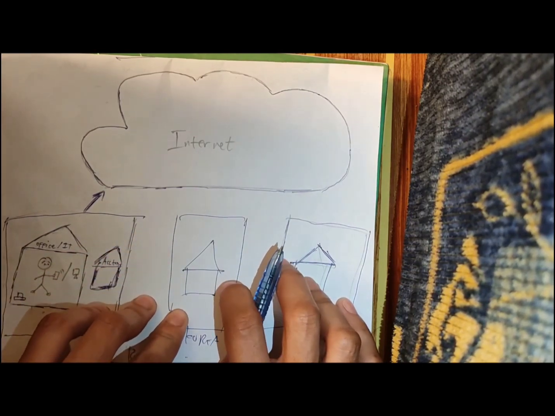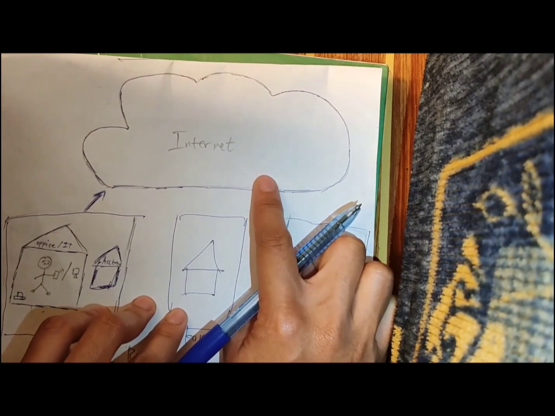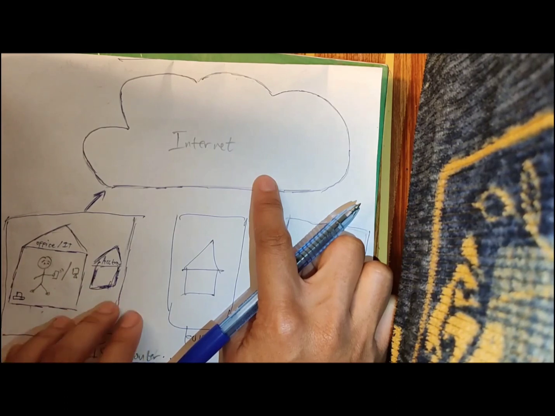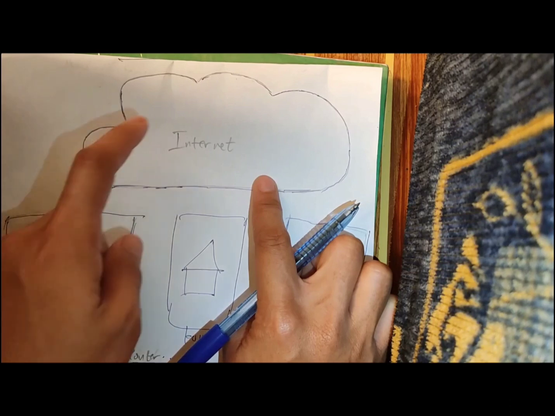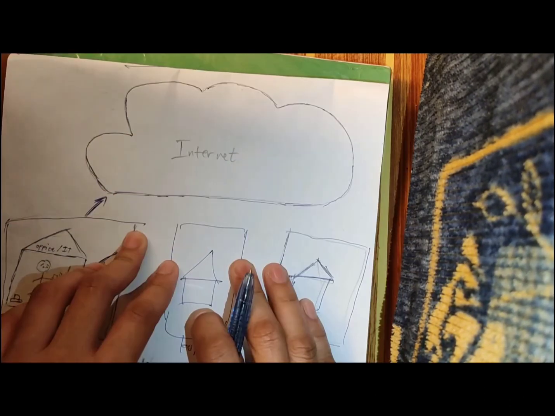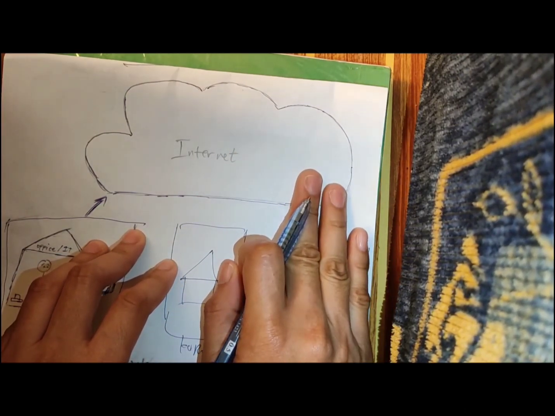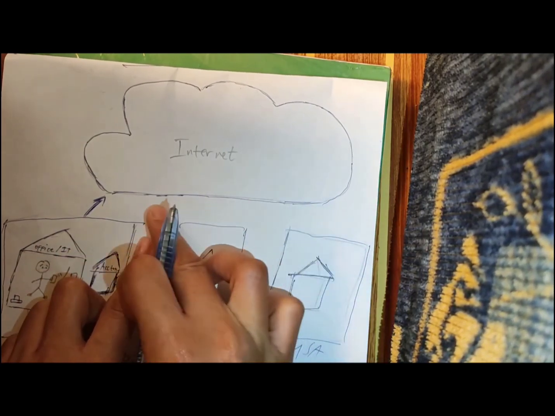Okay, so unsa may dagway aning internet, since nakasabot na mo unsa ang network, LAN, switch, router, modem, ISP. So I'm going to discuss now the meaning of connecting to the internet. Okay, what internet looks like. So as you can see here, we can visualize internet as a cloud.